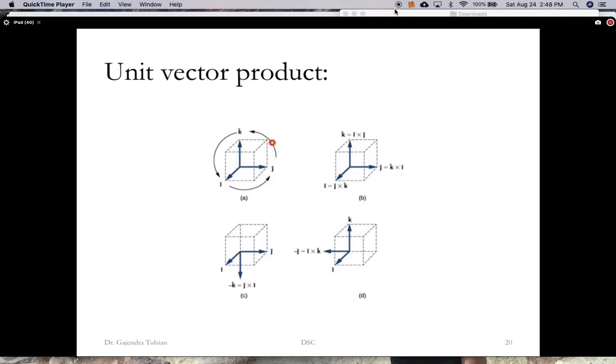I cross J is K, J cross K is I, K cross I is J. And so I cross J is K, and of course J cross I is minus K, and so on. So the cross products of unit vectors are good to remember.